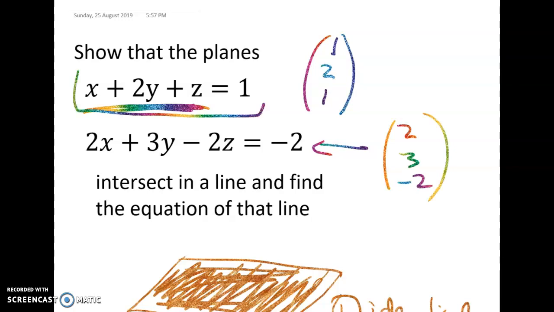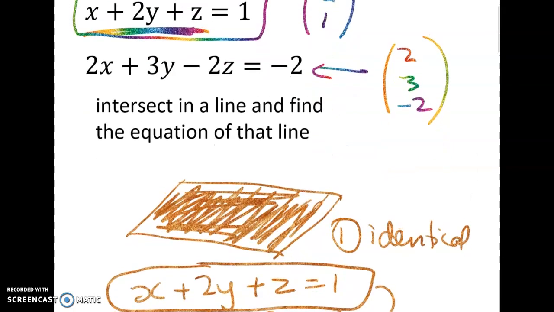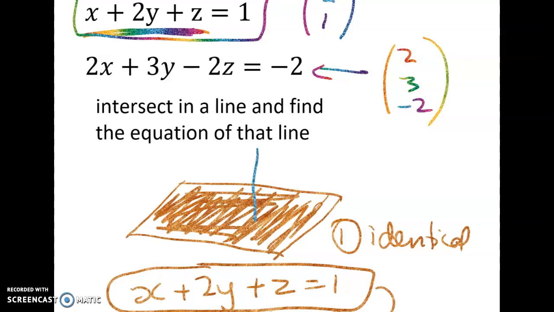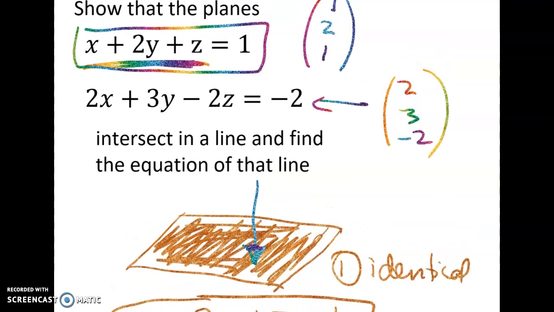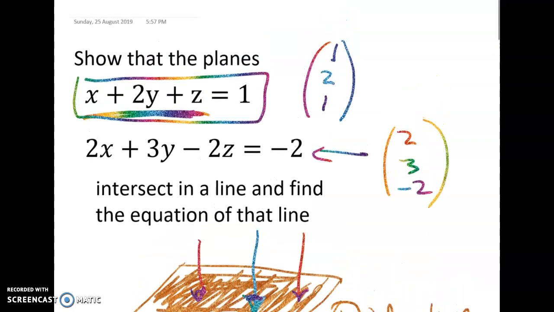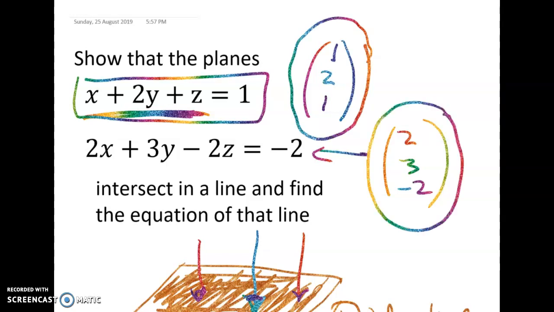So we know that in the plane, all of the points in the plane, sorry, let's try that again. The normal vector is perpendicular to that plane everywhere. That means that on the line of intersection, that line is perpendicular to this normal vector, but it's also perpendicular to this normal vector.